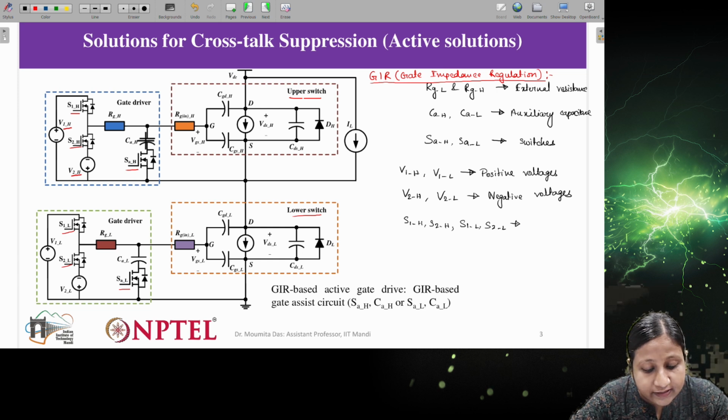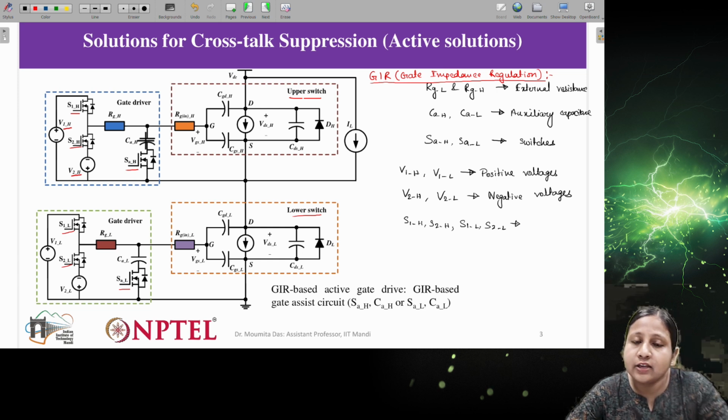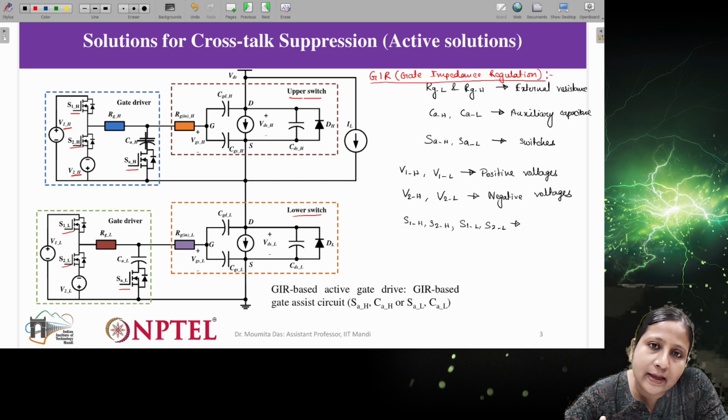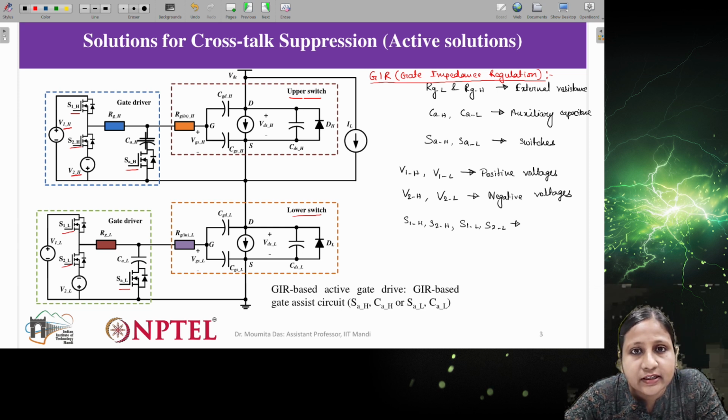But if we connect this capacitance in series with a switch or a diode, then the parasitic capacitance of the switch or the diode will be very small, in the picofarad range. So the net capacitance in that path will be in picofarads or less, and that will not affect the gate input impedance. That is why this path, in the active solution, is not creating any problem during the turn on condition.